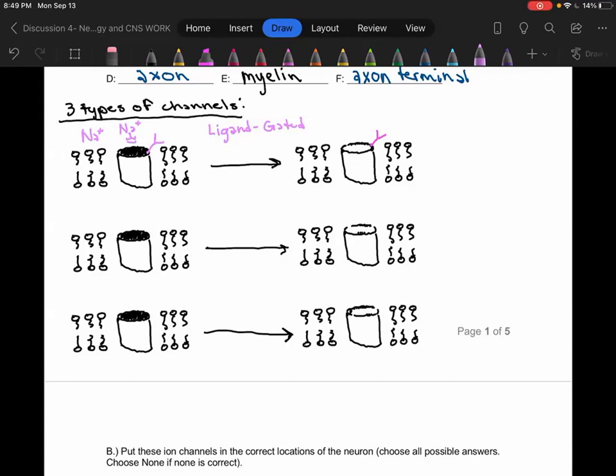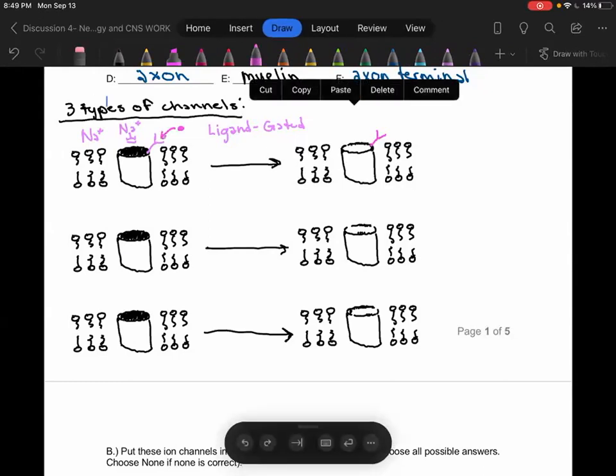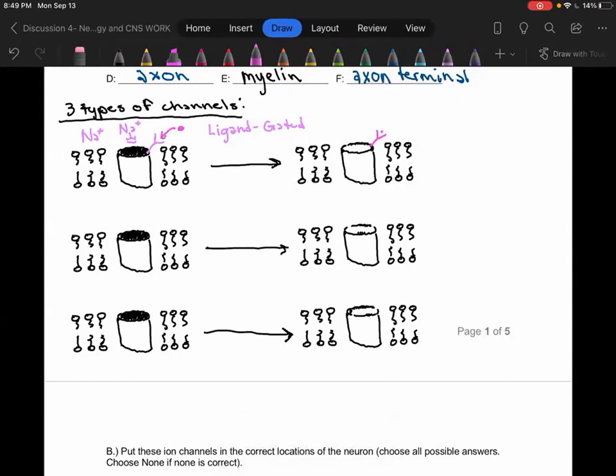So there will be some type of neurotransmitter floating around, and that neurotransmitter is going to bind to that ligand. And when that neurotransmitter binds to the ligand, that sodium will now be able to move into the cell, past that cell membrane.